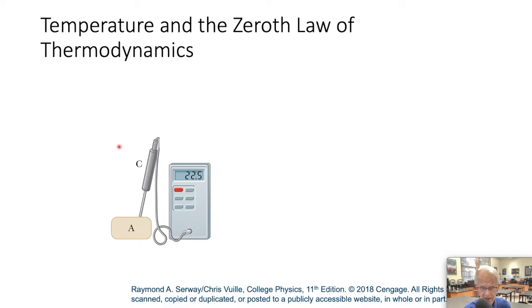So let's go ahead and define what we mean by a thermometer. It's some sort of device that's calibrated to measure the temperature of an object.